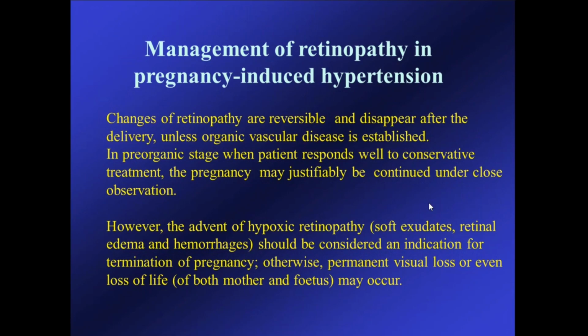However, the advent of hypoxic retinopathy, when we see soft exudates, retinal edema, and hemorrhages, should be considered an indication for termination of pregnancy. Otherwise, permanent vision loss or even loss of life of both mother and baby may occur.